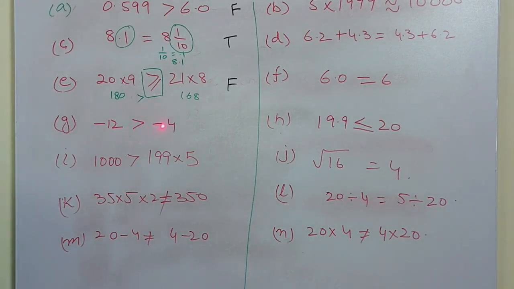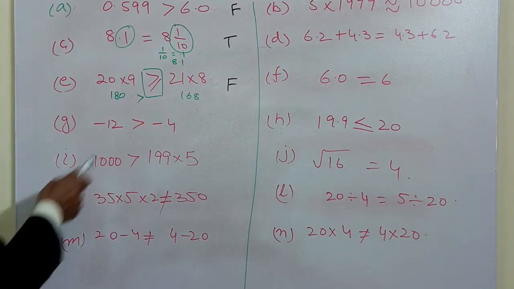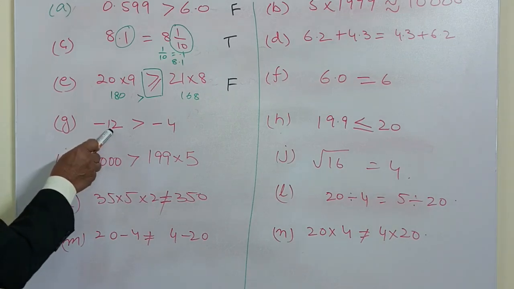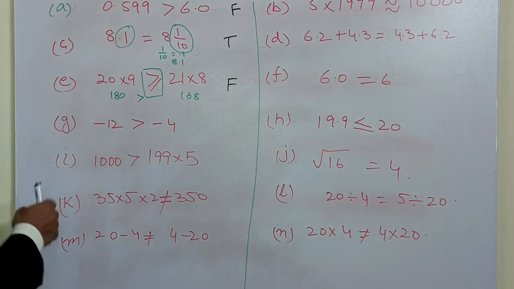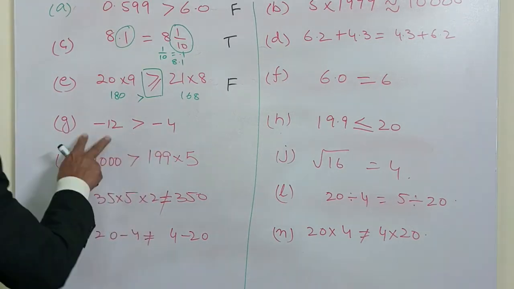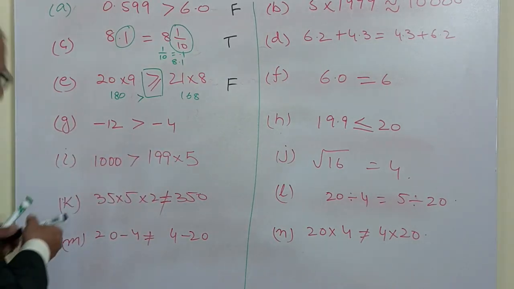Minus 12 is greater than minus 4. No, because on the number line, minus 12 is far away from 0 and minus 4 is near to 0. Therefore, if this one is greater and this one is less, so this is again false.